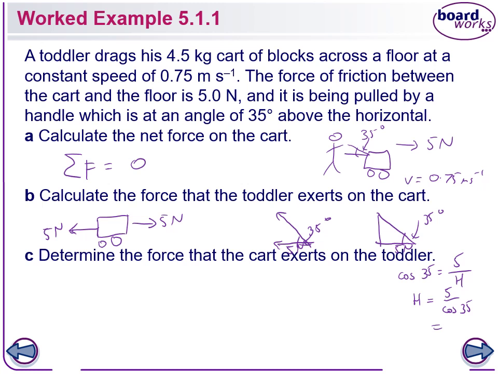Yep, good. So our toddler is applying a force of 6.1 newtons. Because the toddler's pulling up at an angle, he or she needs to apply more force than if they were just pulling horizontally. In order to get that 5 newtons of horizontal force, they need to apply 6.1 newtons at that angle.